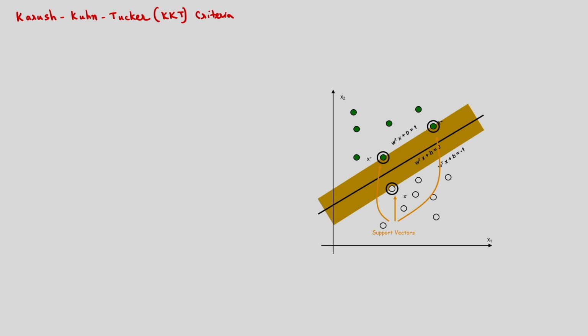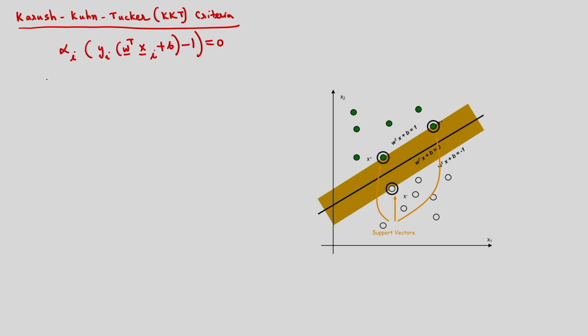That is actually the first derivative test for the solution of nonlinear optimization. Based on this KKT condition I can write alpha i, from the previous slide, (y i (W transpose x i plus b) minus 1) should be equal to 0. So this is the condition.